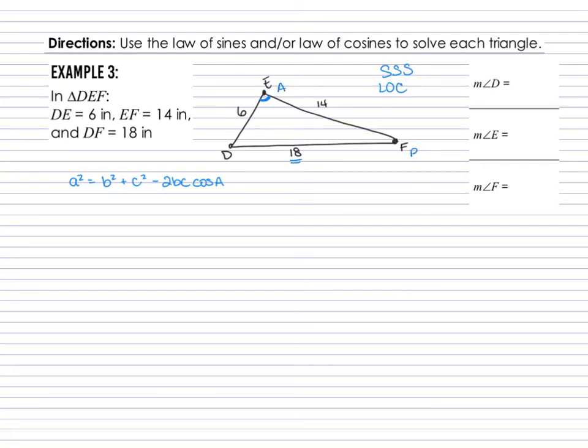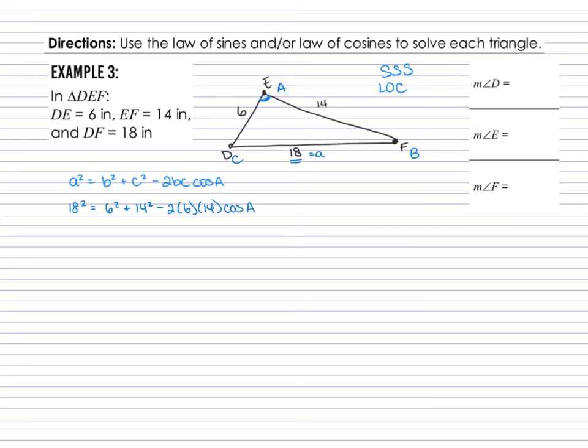So my side A is that 18 side. I've got 18 squared equals 6 squared plus 14 squared minus 2 times 6 times 14 cosine A.